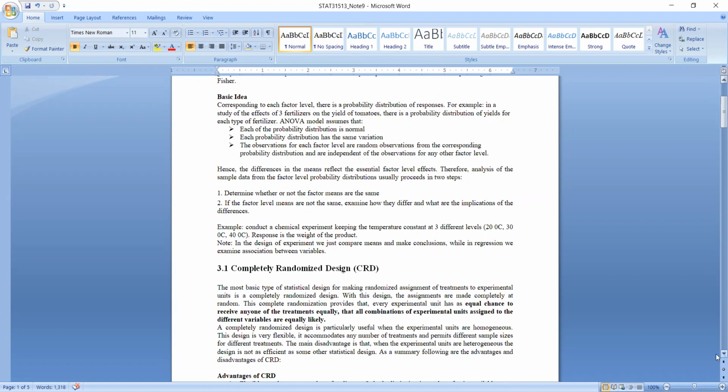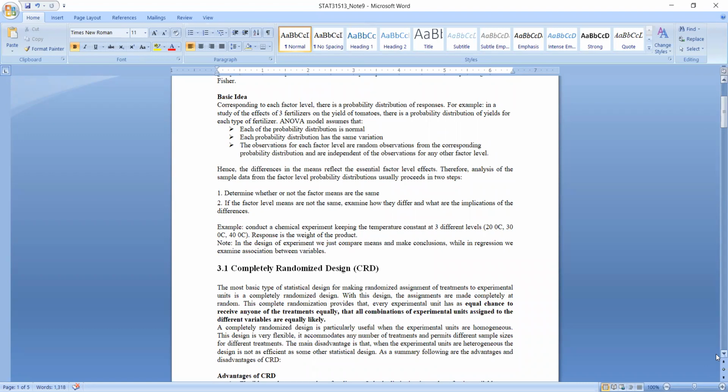But if you compare design of experiments with regression, the difference between DOE and regression is that in regression, we talk about the association between the variables. Like if you have birth weight and age, we are talking about the variation and the association. Like when you increase age by 1 unit, what will happen to birth weight?